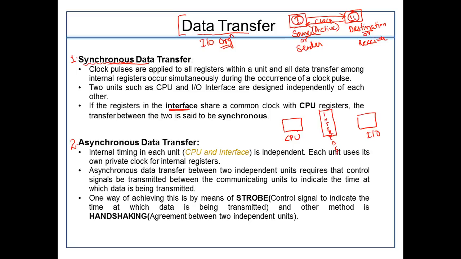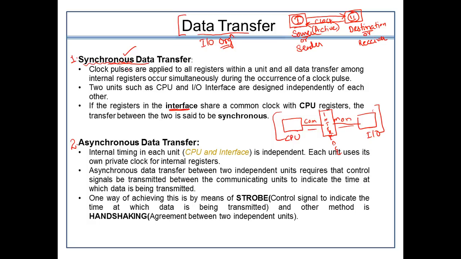The interface shares the same clock pulse between the IO device and the CPU. Whenever the common clock pulse is there, we simply say that this kind of data transfer is synchronous data transfer.